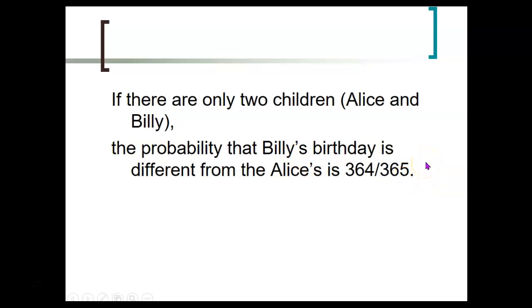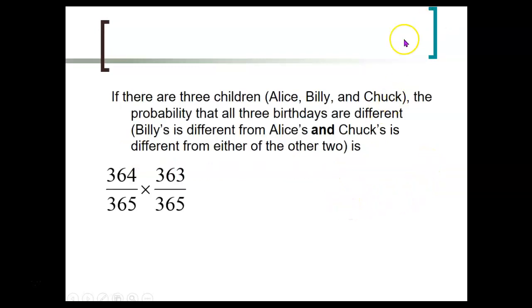Now what if there are three children, say Alice, Billy, and Chuck? The probability that all three birthdays are different, that means that Billy's is different from Alice's, and Chuck's is different from either of the other two. We already know that the probability that Billy's birthday is on a different day from Alice's would be 364 over 365.